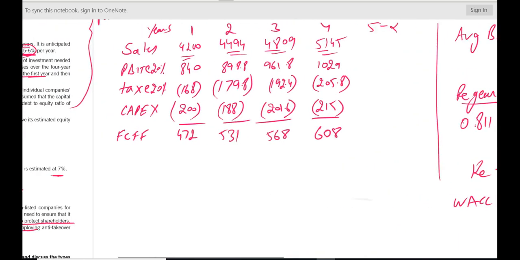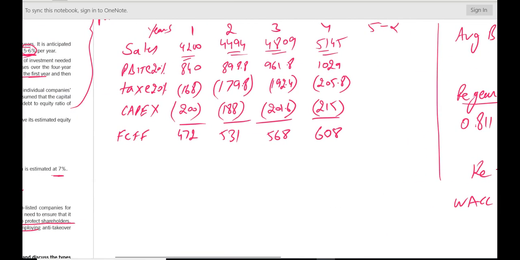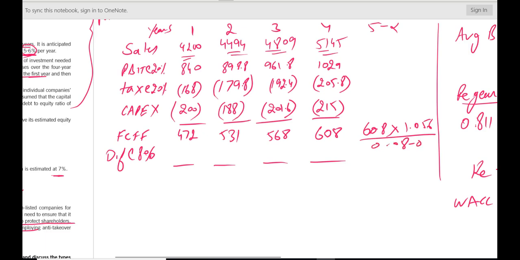So let's discount these cash flows at 8%. 608 into 1.056, divided by 0.08 minus 0.056, and the discount factor of year 4.